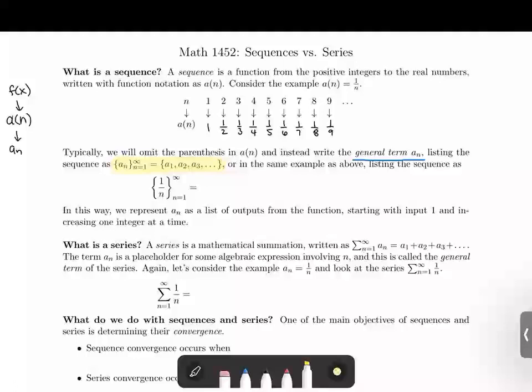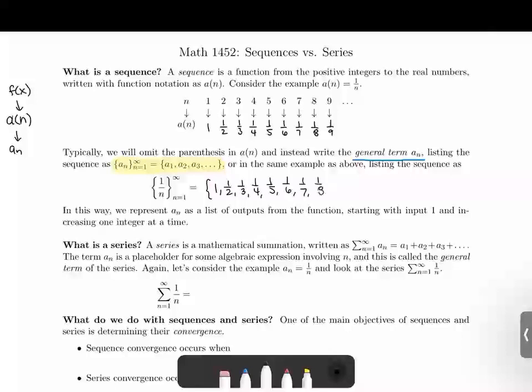We will often just look at these sequences by listing out our outputs: listing out a1, a2, a3, where we evaluate this function on 1, 2, 3, and so on. For this example, 1 over n, whenever we list out our outputs, we are listing out 1, 1/2, 1/3, 1/4, 1/5, and so on.